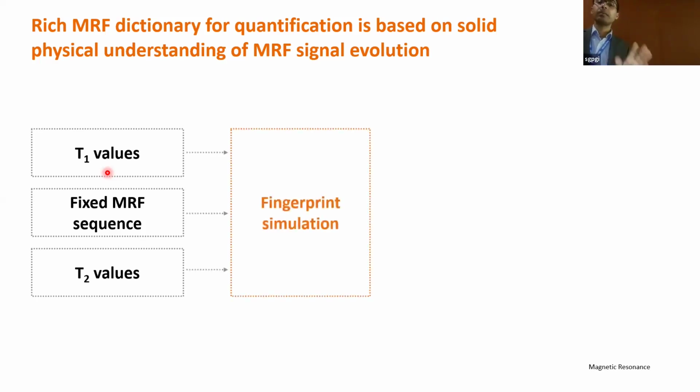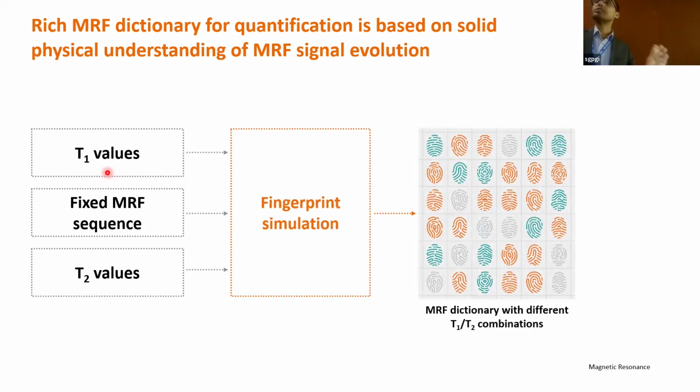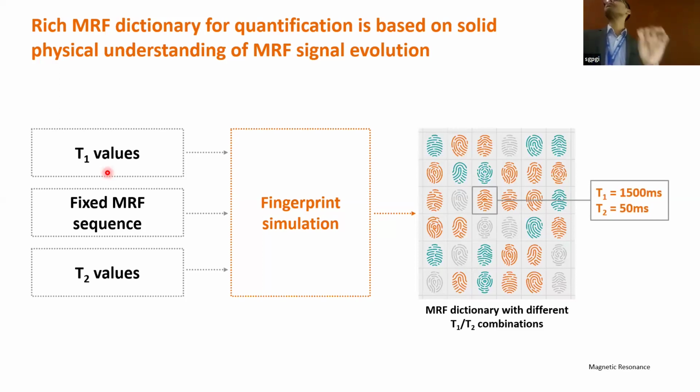And then using a fingerprint based simulation, we are generating a dictionary, and then each pixel of the data that you have collected is matched, by using a pattern recognition algorithm, with that dictionary that is already available with the scanner or with you. And then when there is a 100% match of your combination of T1 and T2 values, one pixel of your quantitative imaging map is created using the fingerprinting dictionary.